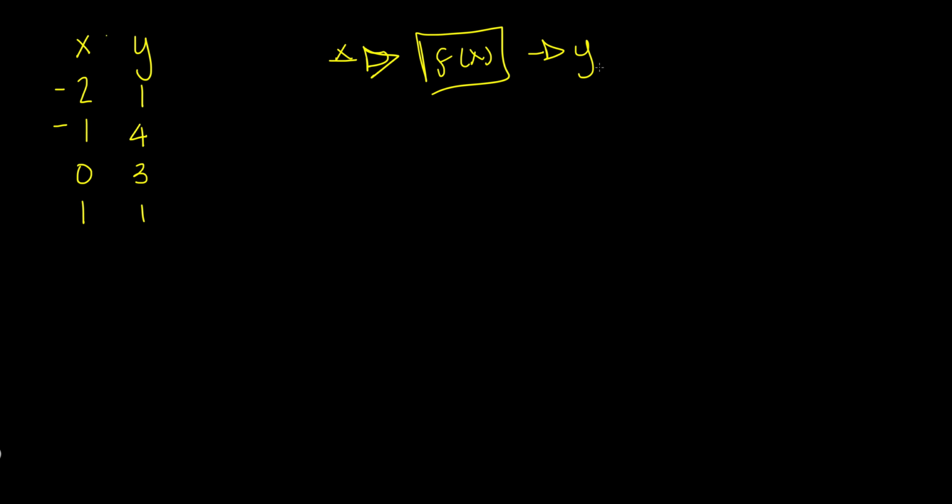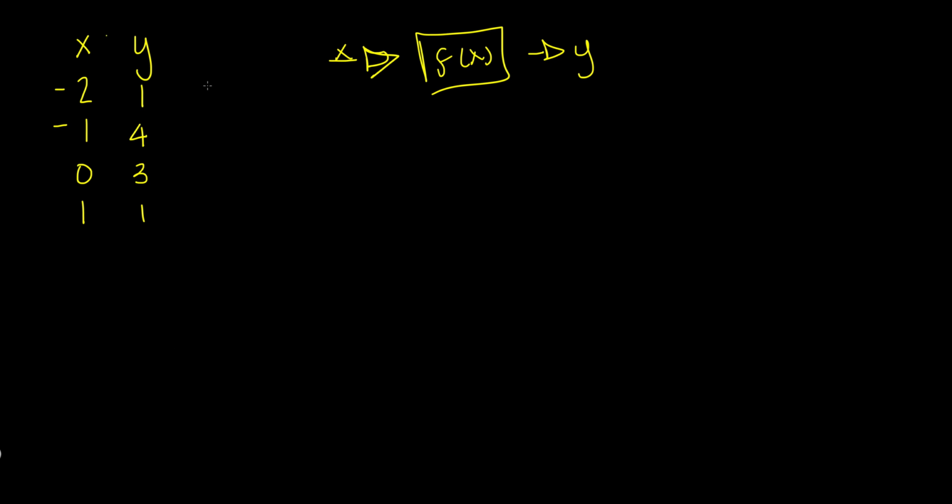So recall that a relation is any set of ordered pairs, x and y. We have 4 ordered pairs, where x is the independent variable and y is the dependent variable. An inverse relation is formed when the roles of the independent and dependent variables are reversed.